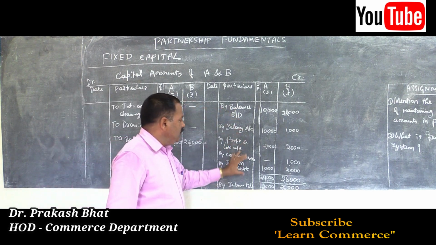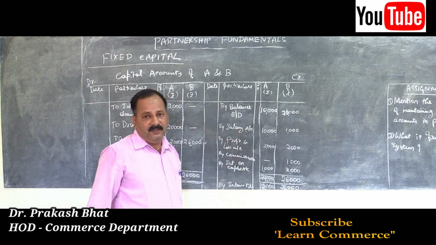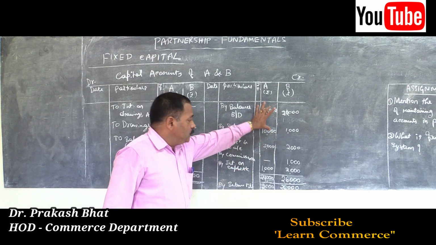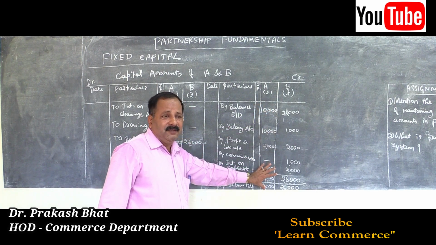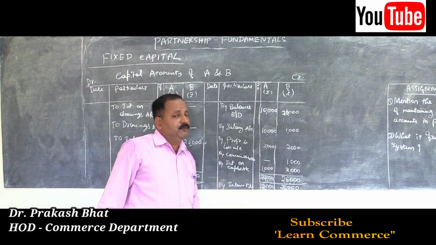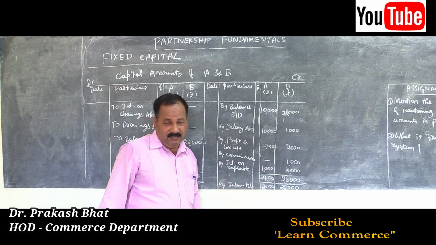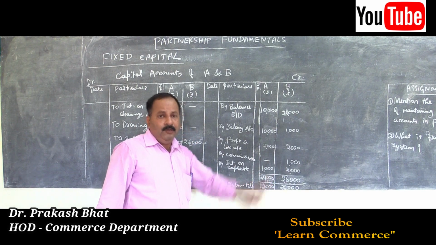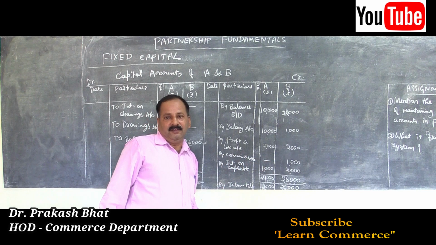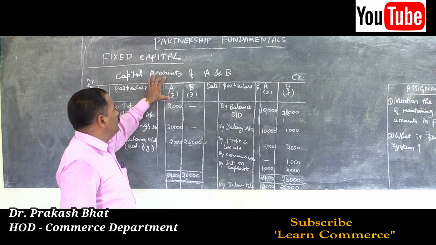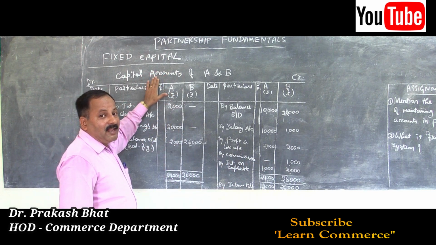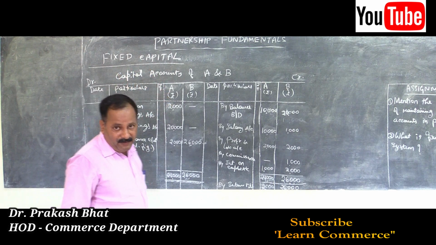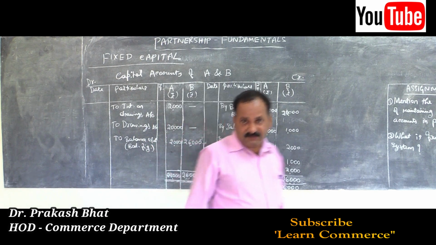And on the credit side, like this, interest will appear. So you can skip any of the entries on the credit side or debit side, and make sure that the total of the credit side remains greater, so that you will not get confused in the examination. Even if a debit balance comes, it makes no difference, it is correct, but it is better to maintain a credit balance in the account. So this is about the capital account and current account under fluctuating and fixed capital system. I think it's very clear now.